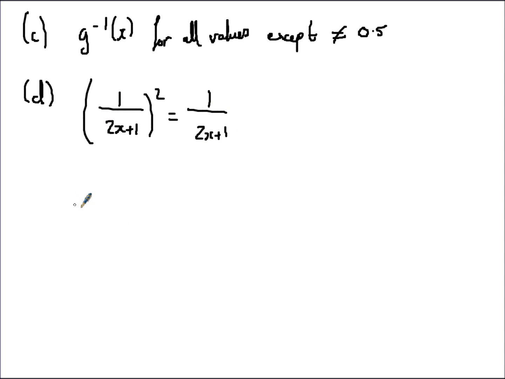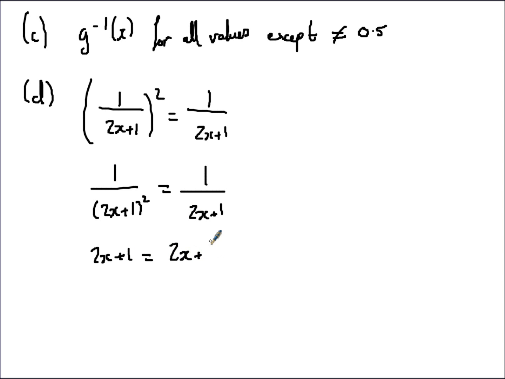I'm then going to square these sides separately, so we've got 1 and then the bottom equals the other side. I'm going to move my x squared up to this side and then move this to the other side. So 2x plus 1 there, and 2x plus 1 all squared on this side.